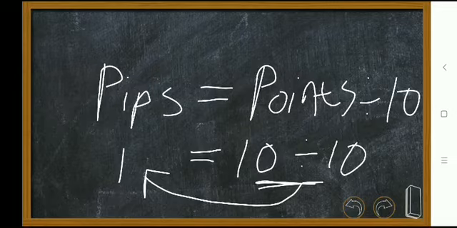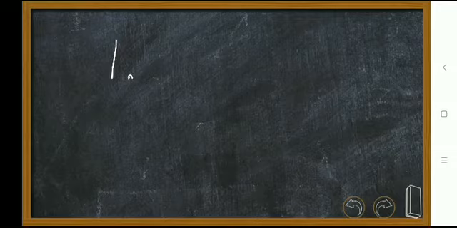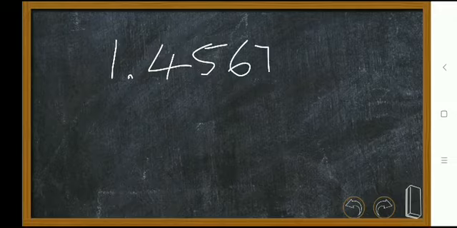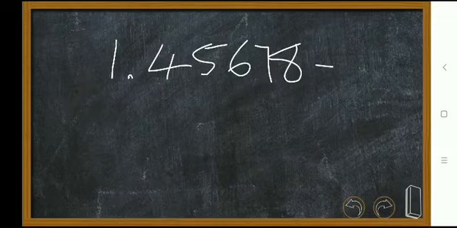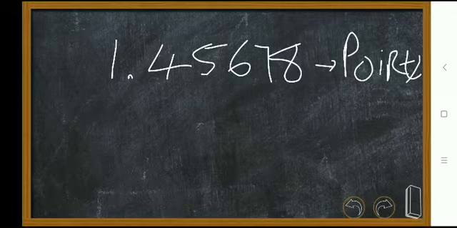Remember, pips and points are price. Price is calculated in pips and points. So, what you will find here, let's go back to that price. This price is in points. Sorry for that horrible handwriting.